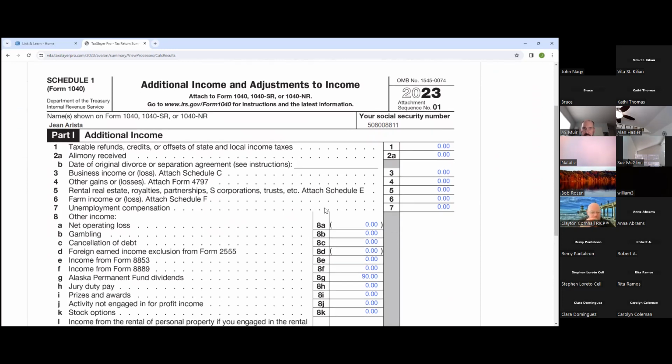You might have taxpayers that have unemployment compensation, which is fully taxable by the federal government, not taxed by the state of California. Then you might have some gambling winnings, and that would be reported here on line 8B as in Bravo. And then sometimes, unfortunately, taxpayers say, hey, I received this 1099-C as in Charlie.